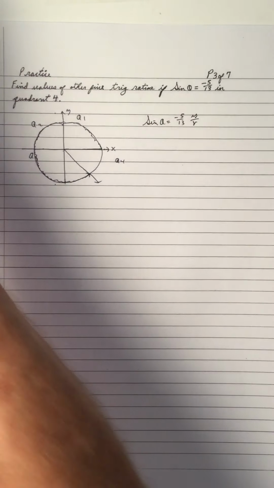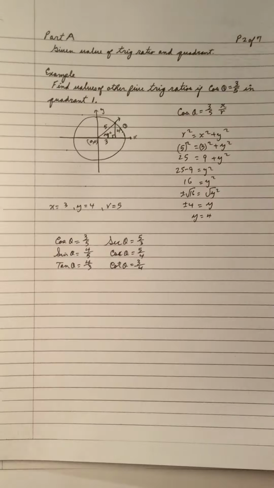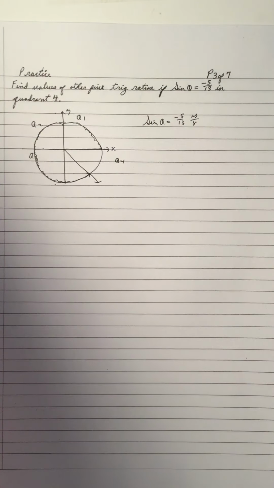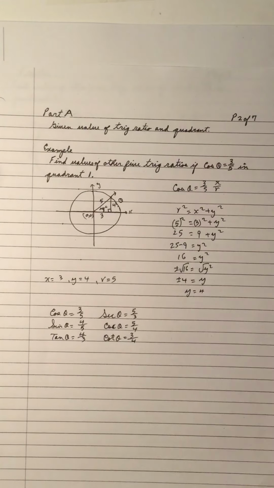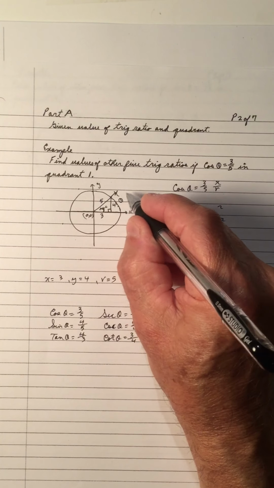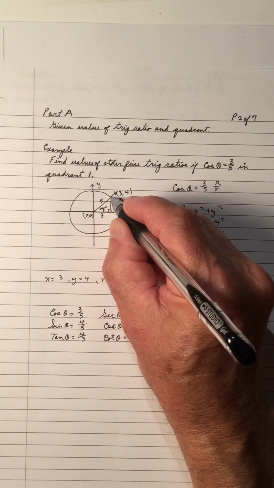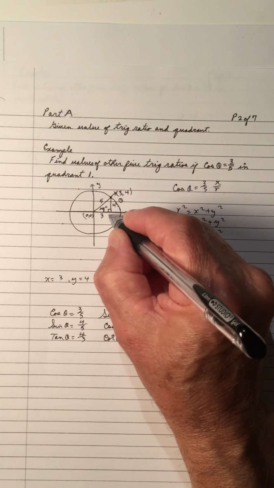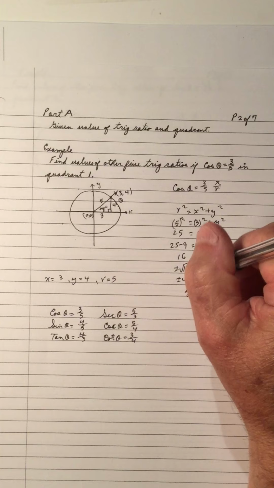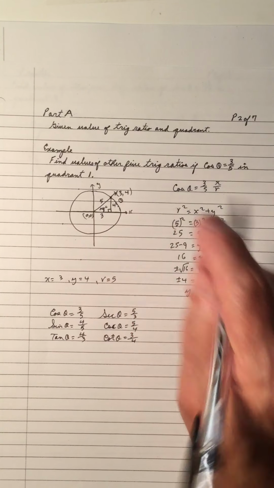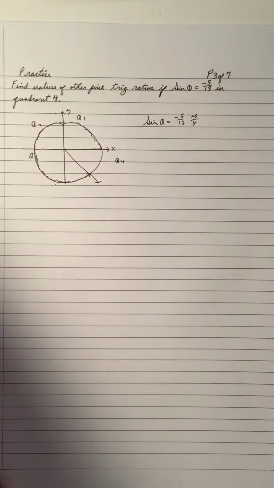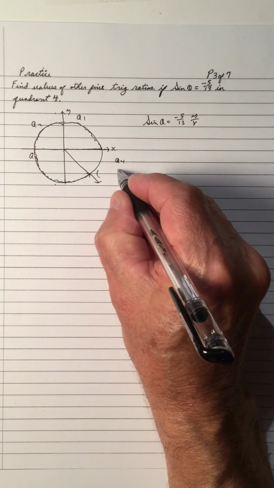And I just want to mention, let's go back to this page that I just did. Sorry for that, I forgot to mention it, that after I have this plotted, x is 3 and y is 4. So this point has coordinates of 3, 4 after I derive the x, y, and the radius. And that's the same here. I have a point.